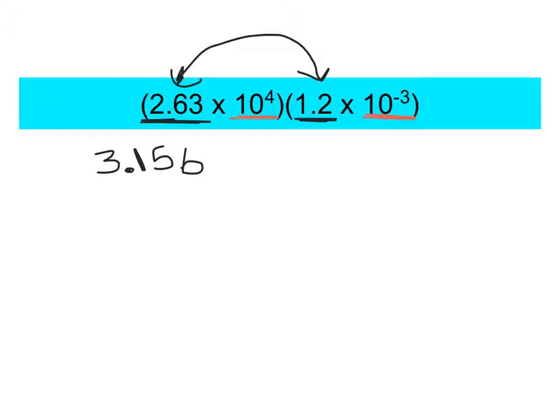Now we're still multiplying, so remember that we're going to leave our base the same, because when you're multiplying two powers with the same base, you leave the base the same and add your exponents. So we've got 10, and then our exponents would become 4 plus a negative 3. So I'm actually going to write this out for you.